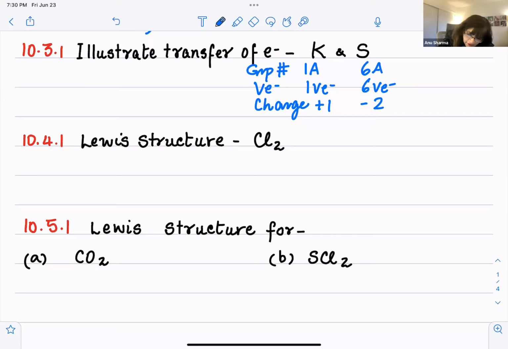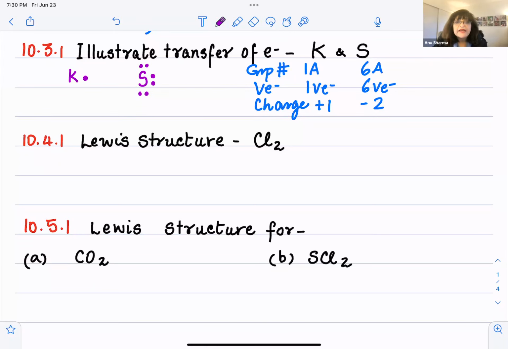So here's the thing. Ideally, let's do this. Here we have potassium, group 1A. So illustrate the transfer of electrons. Here is 1 potassium, 1 dot. Here is sulfur. We have 1, 2, 3, 4, 5, 6.